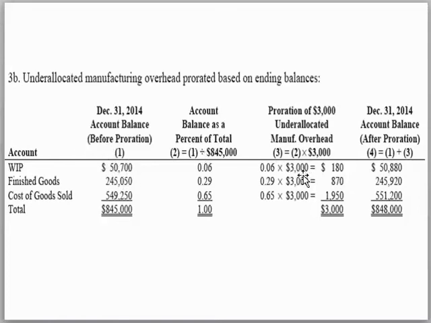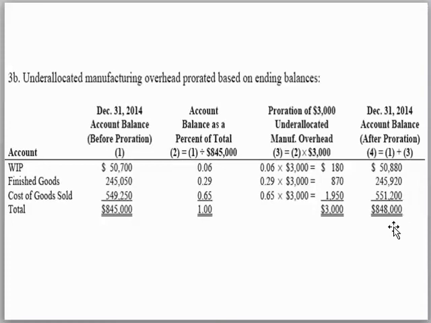So we will add 180 to 700. So we will get the account balance after the proration for the work in process 808, and for the finished goods we will add 870 to this amount to get the balance after proration 245,920, and also the cost of goods sold 551,200.